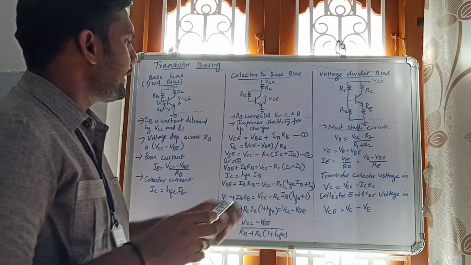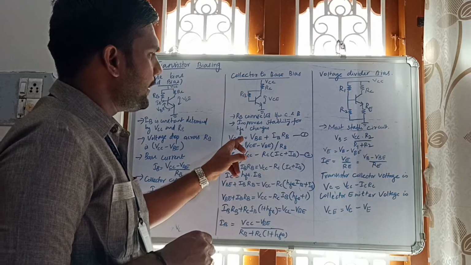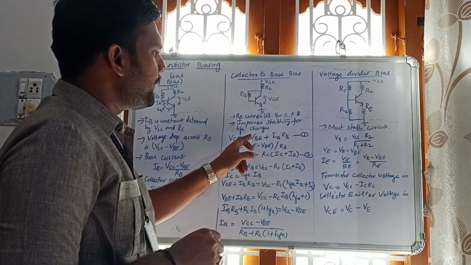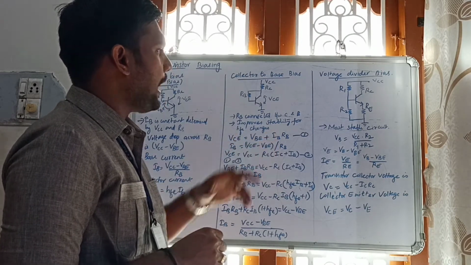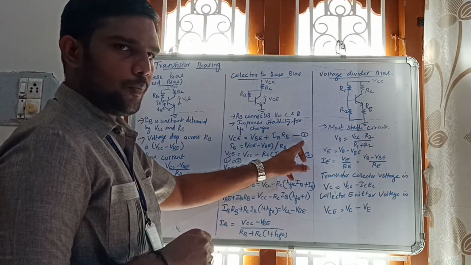Here VC, the voltage between collector and emitter, is equal to VBE plus IB RB. We take this as equation number 1.